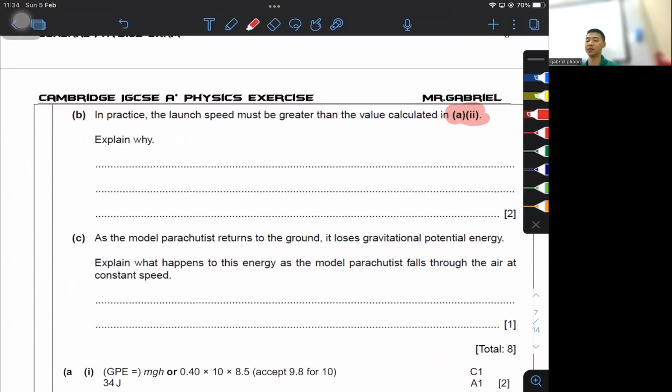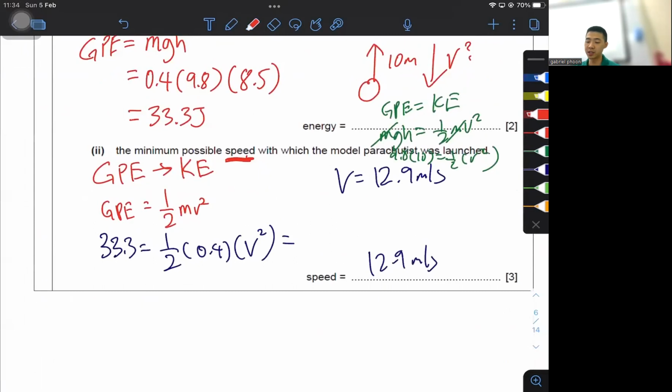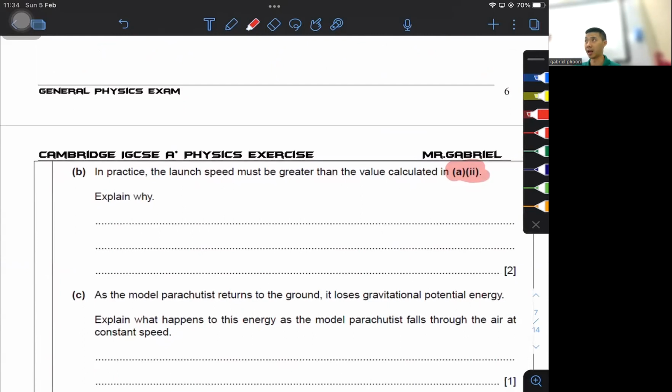In reality, guys, the calculation that we do here assumes 100% conversion, which is never the case. There's no such thing as 100% efficiency. Because of that, in reality, the height or the speed will be much less. Why? Because there are other factors acting against it, such as air resistance, energy loss to heat and sound, and even gravity.